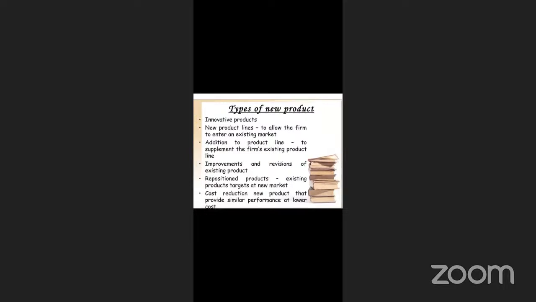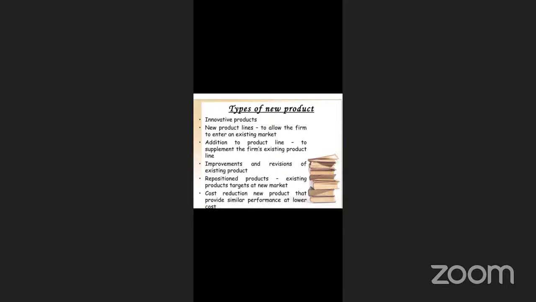The fifth is repositioning existing products targeted at new markets. And next, the cost reduction product that provides similar performance at lower cost. So these are the different types of new products which come into the market.